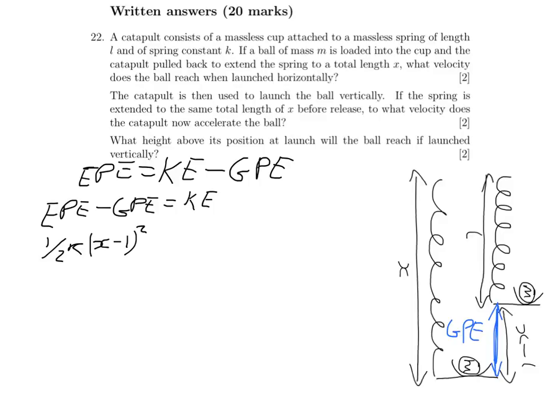Our gravitational potential energy is the mass times acceleration due to gravity times the height it's lifted through, and later on I'll substitute the height for x minus L. And our kinetic energy is half mv squared.